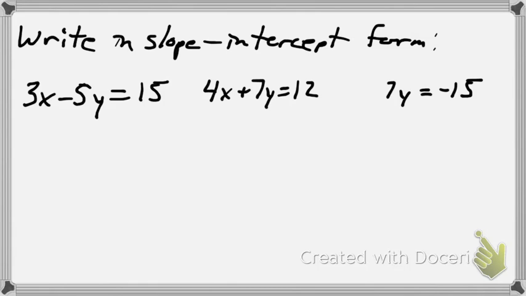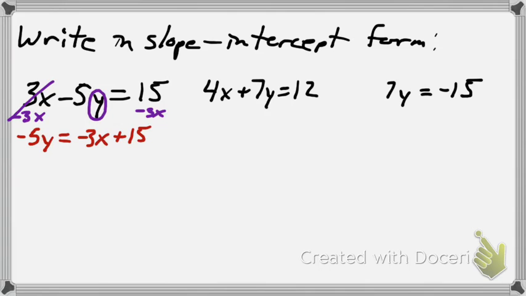First one, I'm trying to get the y by itself like we just talked about. So I'm going to move the x term over to the other side. Positive 3x, so we're going to subtract it. And I'm going to throw that 3x in front of the 15, because that way it looks like mx plus b.